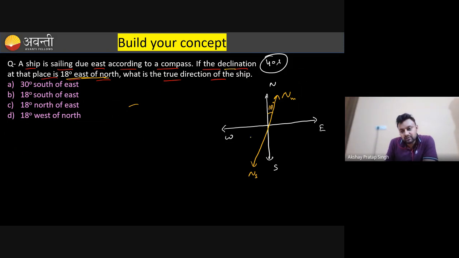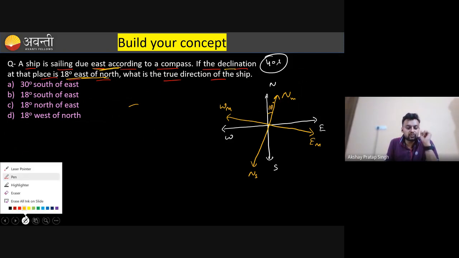So east and west will also be perpendicular to this north and south. These will be the east and west. I have written M for the magnet or the compass. So according to the compass, it is going in the east direction. What is its actual direction? Can you find out now?